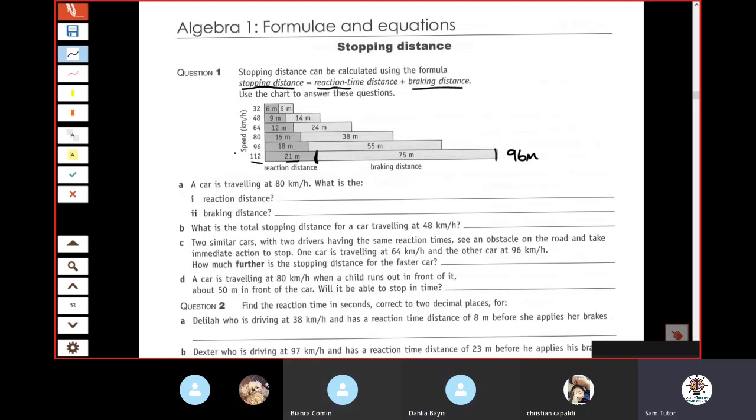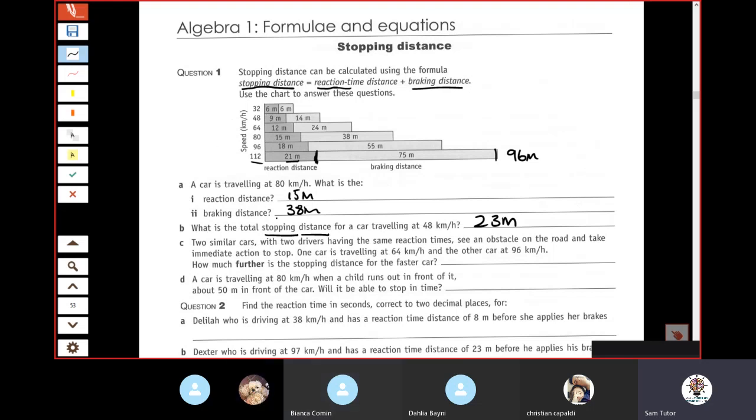Okay. This is very easy. This is just following the chart. If a car is traveling at 80 kilometers per hour, what is the reaction distance? Obviously, 15 meters. What is the braking distance? The braking distance would be 38 meters. What is the total stopping distance? For a car traveling at 48, the stopping distance would be 23 meters, 9 plus 14.